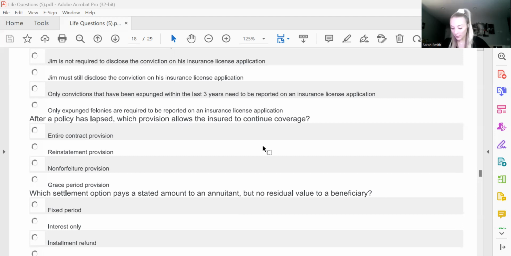The difference is, grace period is if you've missed your payment, but you're still within that window of X amount of days and your policy has not yet lapsed, they're gracefully allowing you to make a late payment. Whereas reinstatement is the policy has already lapsed and now I want to pay it up and put it back in force and make it current. So that's the difference between the two.